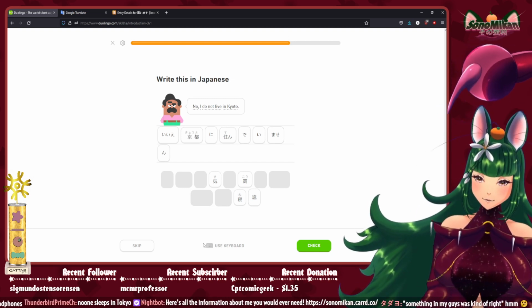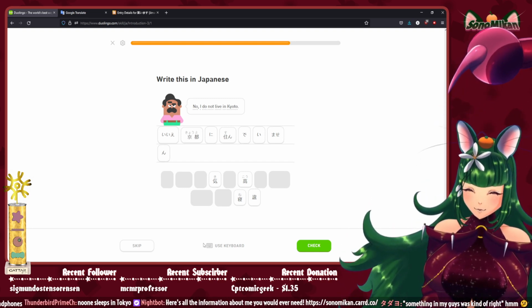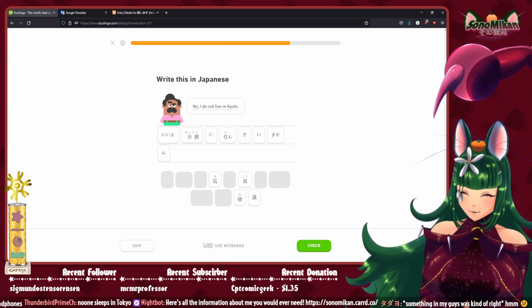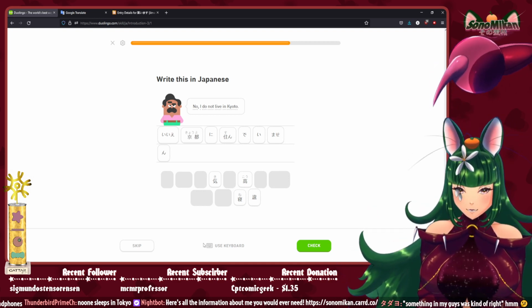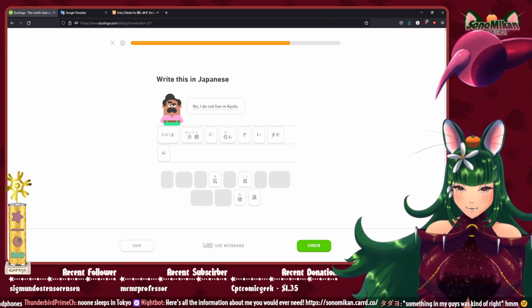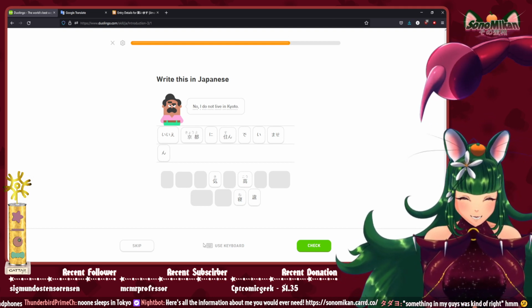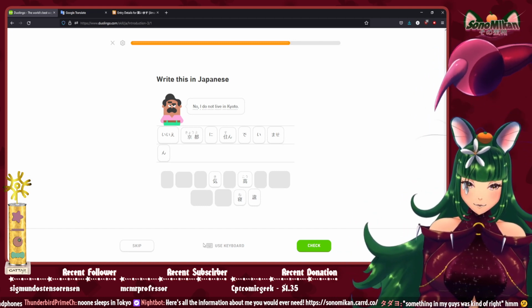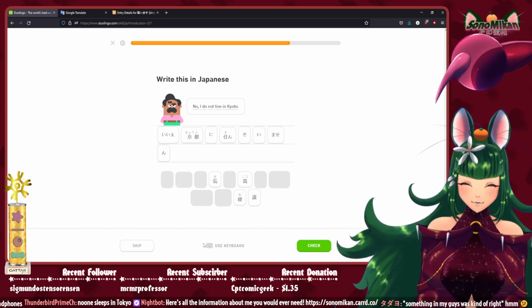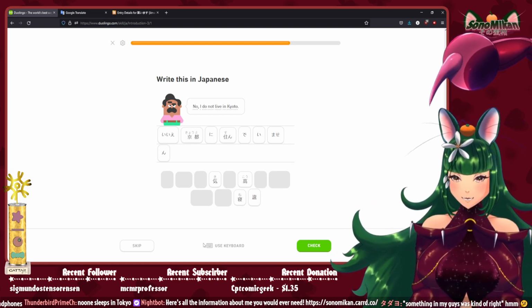No. Materials used, amount and scope. Mode or condition of the agent in action. Okay, so that is this one, because this is talking about living in an apartment. So it is de sundeimasu.